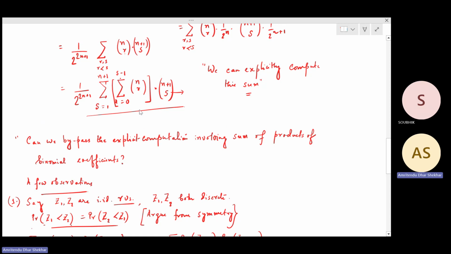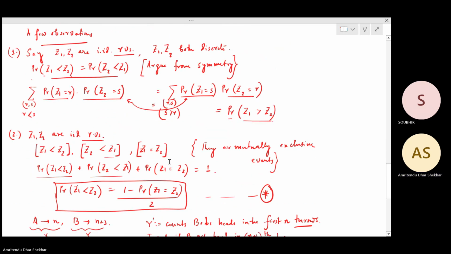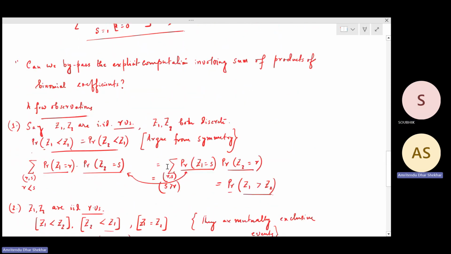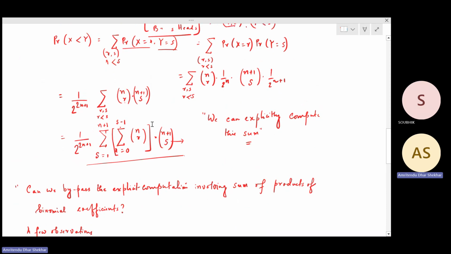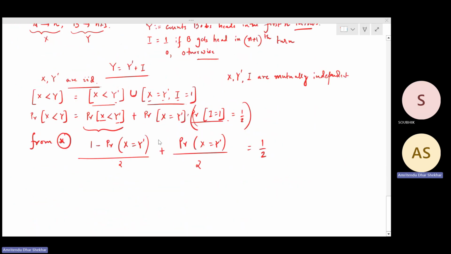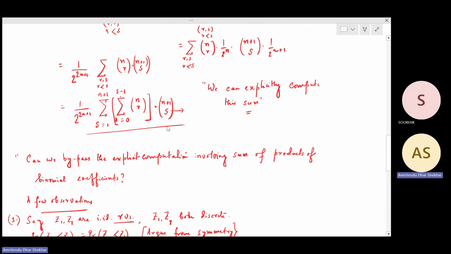Now it may be very hard to do it, but if you can find a problem in probability such that the answer to that problem is equal to that binomial expression, and you can argue and get the answer in a different way, then that gives you an alternative way to solve this.